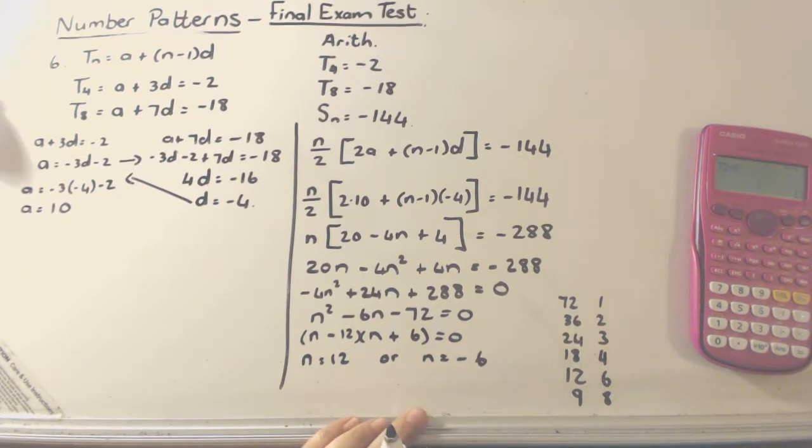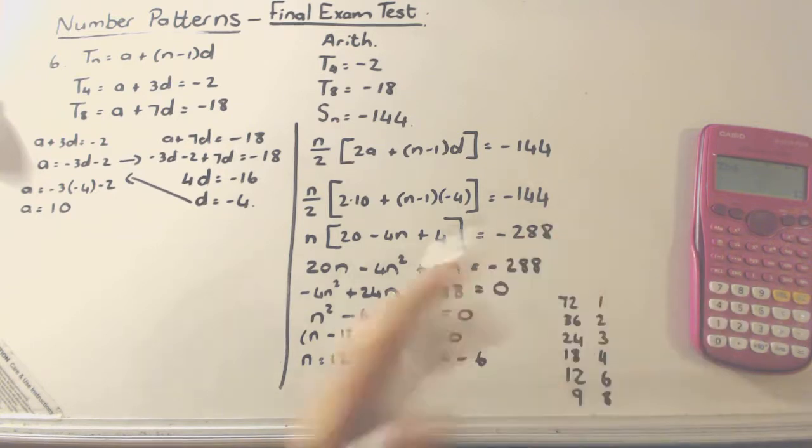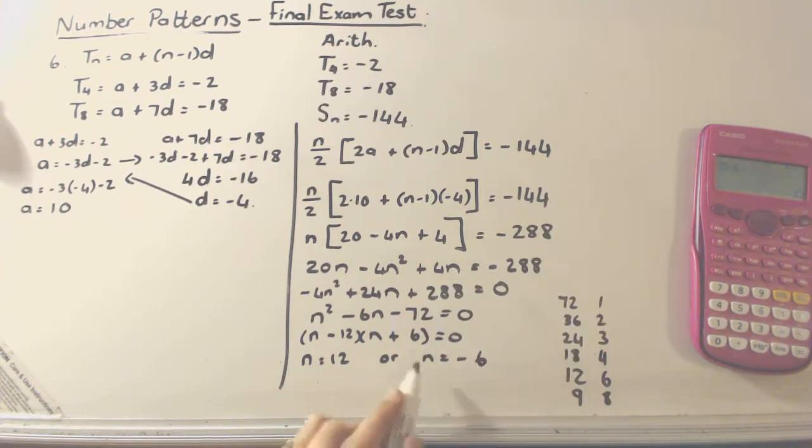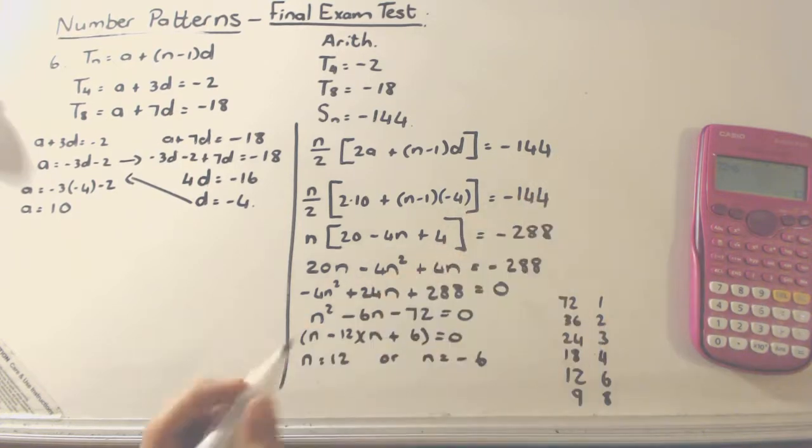Right. What did they ask? They asked, in an arithmetic series, the fourth term is -2 and the eighth term is minus 18. Find the number of terms in the series if its sum is -144. Now, obviously, I'm not going to add minus 6 terms. I'm going to add 12 terms to get that.